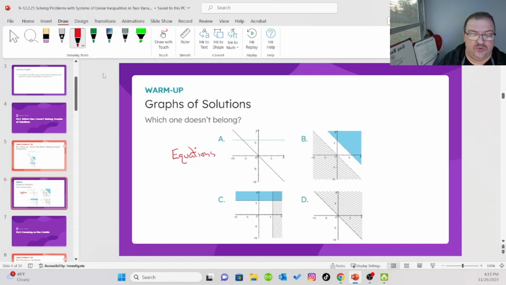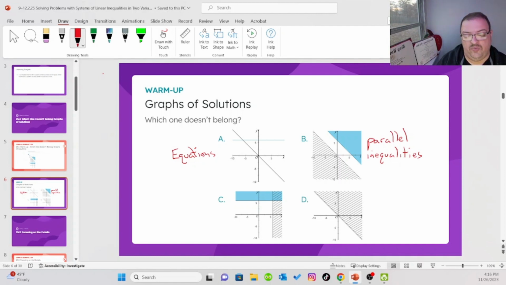B is the only one that is graphing parallel inequalities. These inequalities are never going to cross. Therefore, they are never going to have a solution. One inequality's solution set is in the light blue, the other's is in the lined shading, and those are never going to overlap.